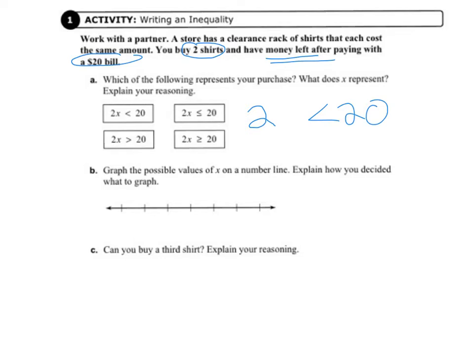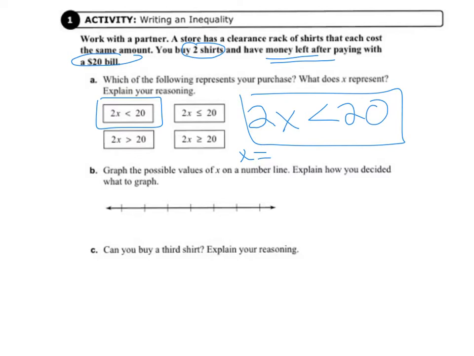So we would pay 2 times however much each of our items cost, and then that would have to be less than $20. So it looks like 2x is less than 20 would be our inequality. So we would say that x equals the amount of each item.